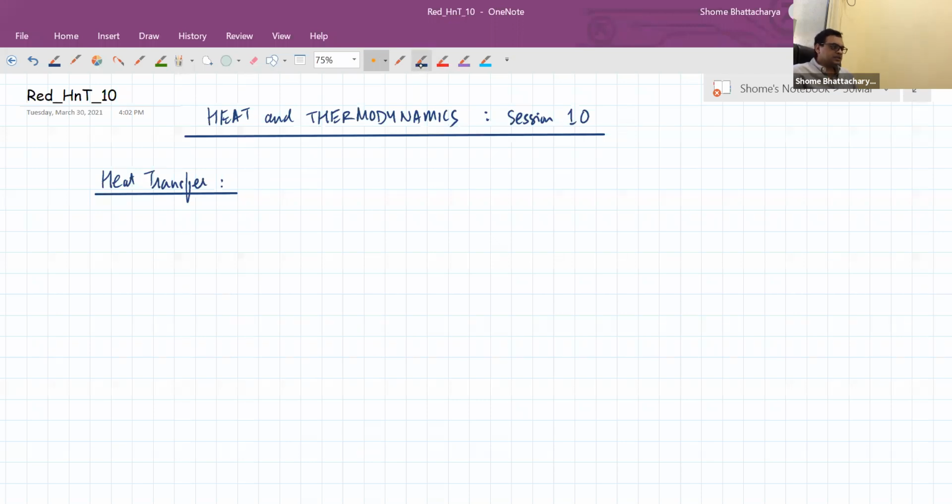So experimentally observed, there are three primary modes of heat transfer, and they are referred to as conduction, convection, and radiation. So these are the different modes of heat transfer.